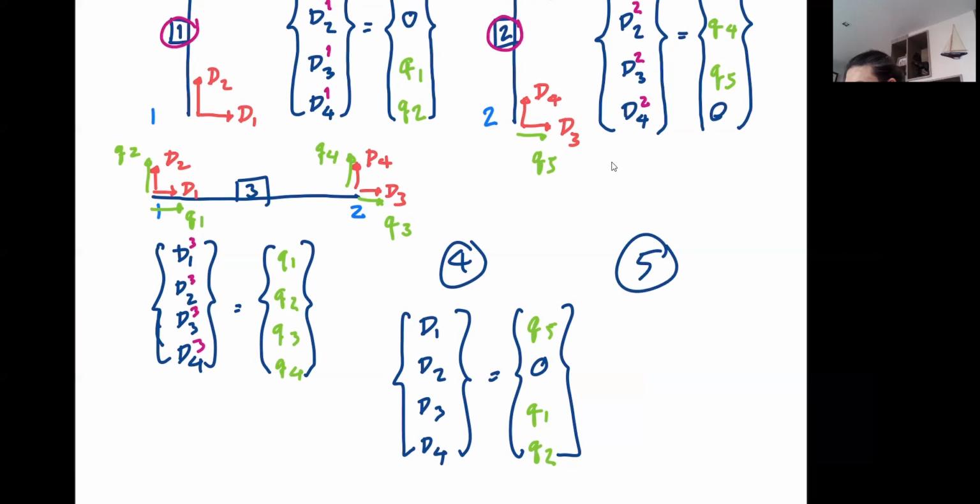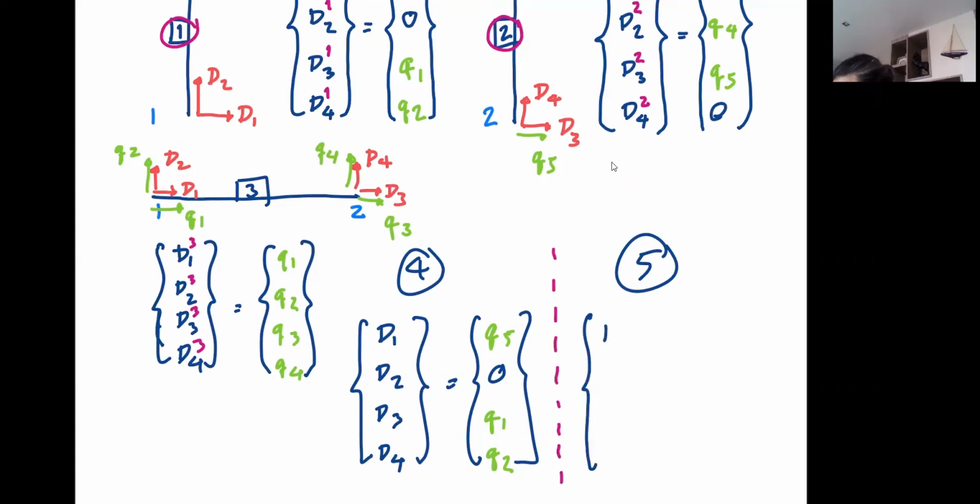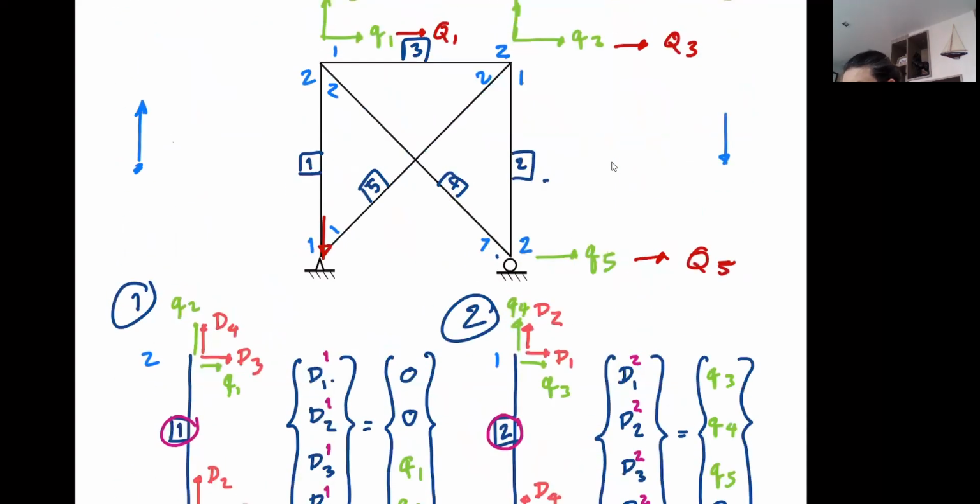And for member number 5, let me break the line here so that you don't get confused. Okay, so 5: D1, D2, D3, and then D4. Let us take a look at 5 together. 5 is this one. Local node 1 is where the hinge is, so this better be 0, 0.